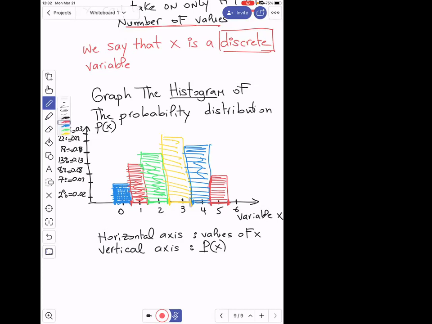And finally, for 6, the probability that x is equal to 6 is 2% or 0.02. So 6 in the middle, and then we go up to 0.02. Okay. So this is the histogram of my probability distribution, right? So this histogram represents our probability distribution.